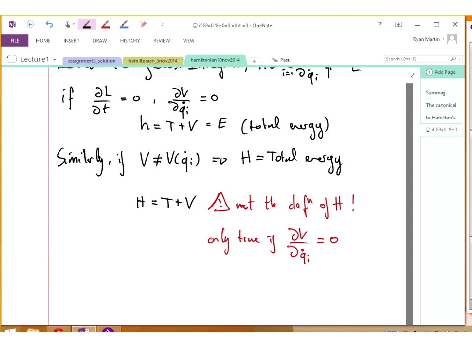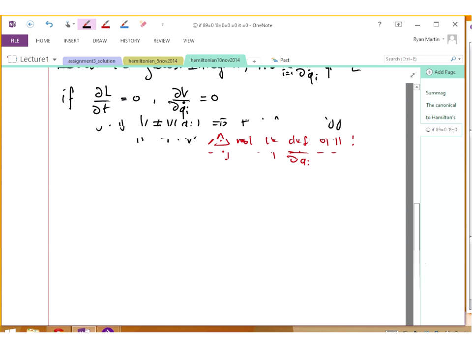So if the Hamiltonian doesn't depend explicitly on time, then it's a constant. Any questions about that? Okay.